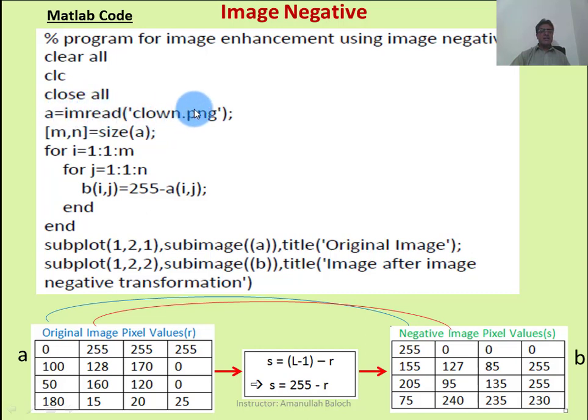The third command is imread. This is the name of our gray image, clone.png, within single quotation marks. And imread is a function.